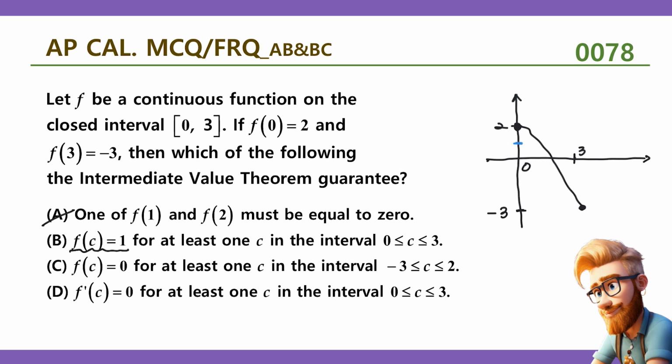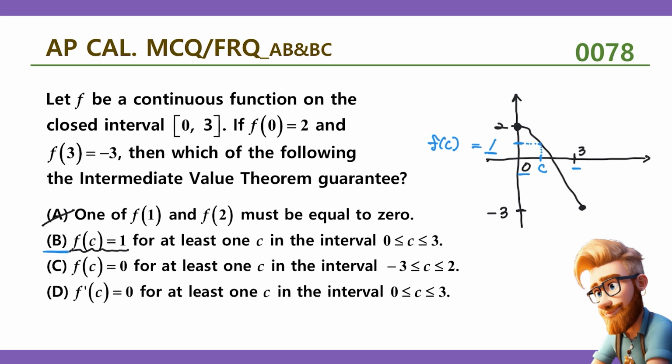So if y is equal to 1, we must have an x value between 0 and 3 where the function value is equal to 1. Does that make sense? Okay, so this is c, this is f of c. Okay, so B is true.